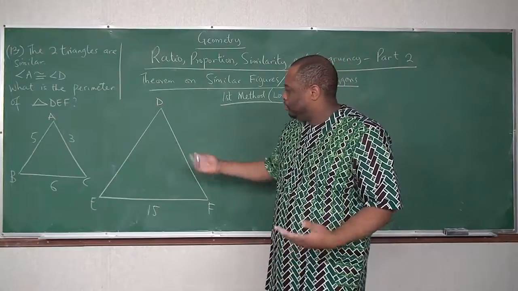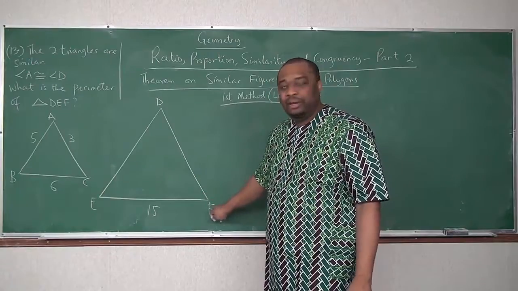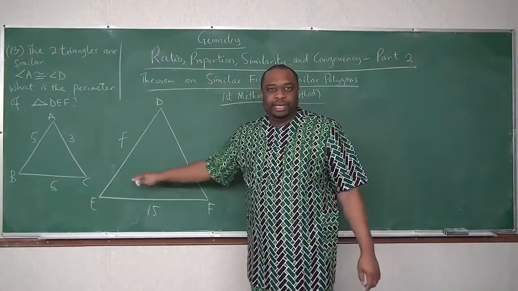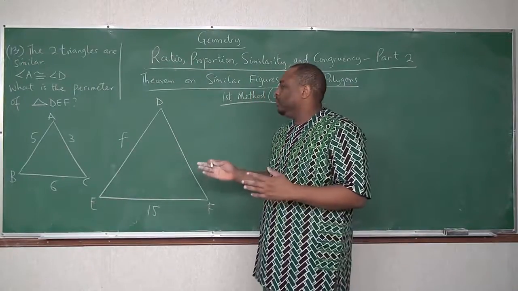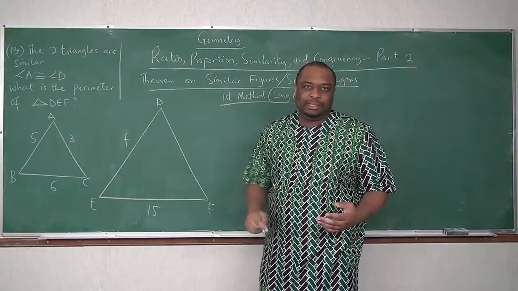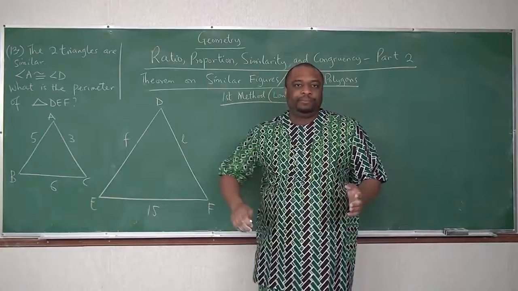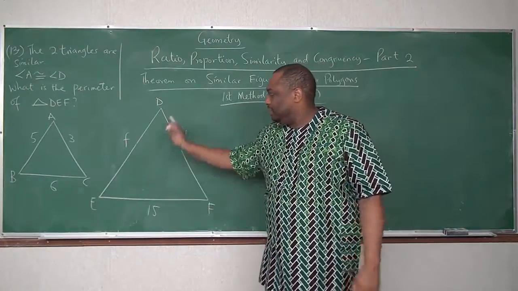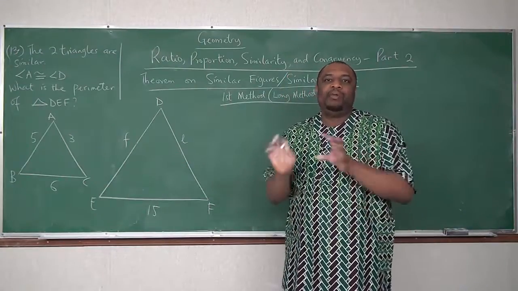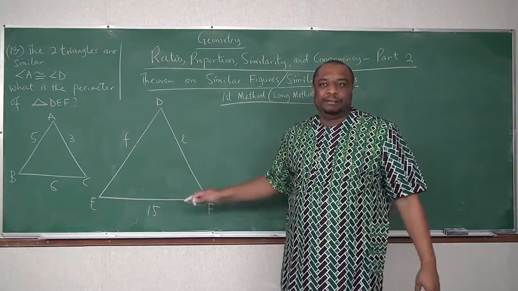Usually, this is the side facing angle F, which is small f, and the side facing angle E is lowercase e. The uppercase are the angles, the lowercase are the sides. That is usually how we write triangles, the sides and the angles.